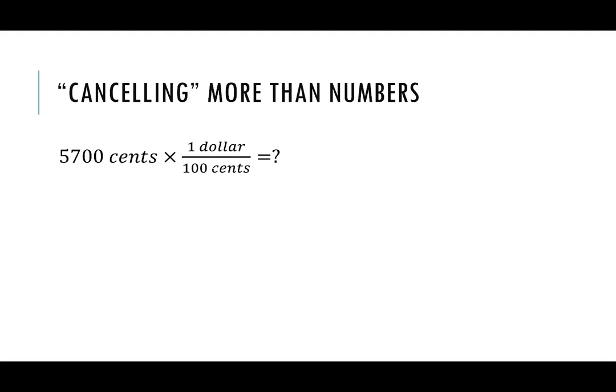Now this might look a little weird, like I said, with the words. But I want to just point out, $1 over 100 cents, that's really one whole. Those are the same exact things. It's like saying 3 over 3, or 32 over 32. If you multiply by 1, you're not changing the actual value of the numbers that you're dealing with. You're just changing how they look.